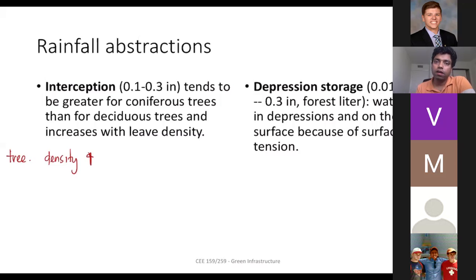Trees that have a lot of leaves, with high leaf density, also trap a lot more water. So leaf density also matters.